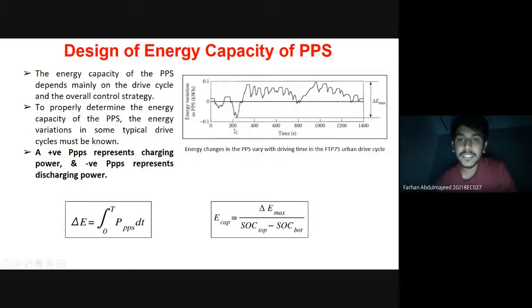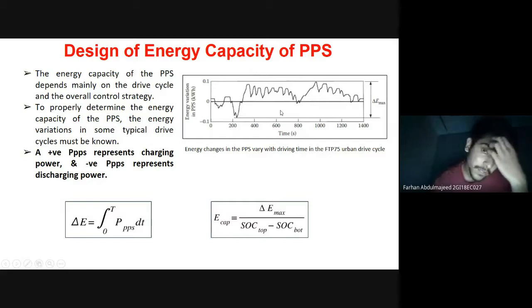This graph is a strategy to keep the SOC within that range. In this graph, the positives represent the charging cycles, charging power, and the negatives represent the discharging.